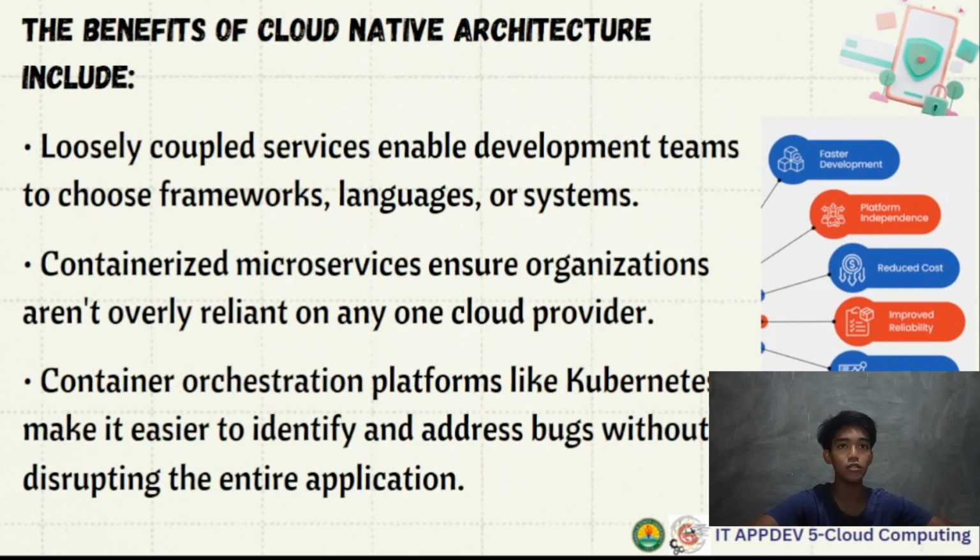The next one is containerized microservices ensure organizations aren't overly reliant on any one cloud provider. They provide organizations with the flexibility to deploy and manage software components independently, reducing dependence on a single cloud provider.